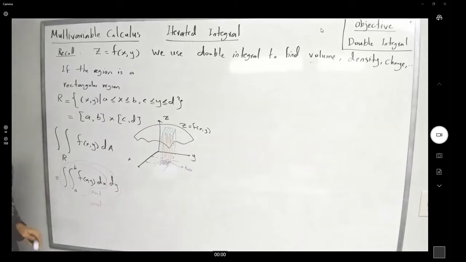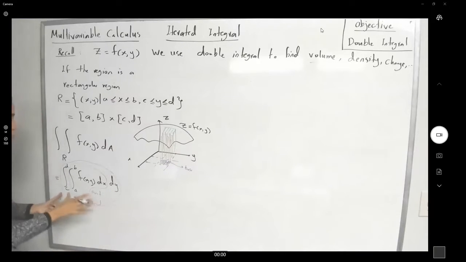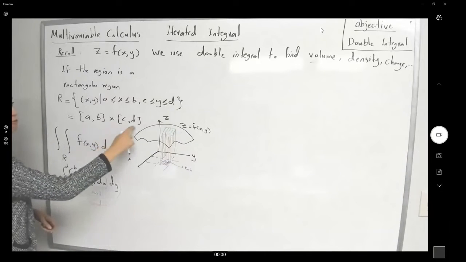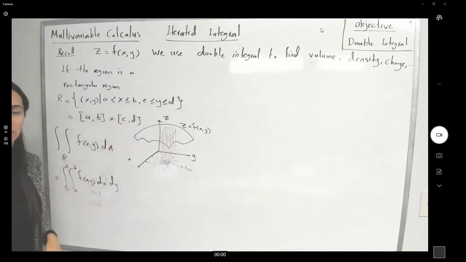We have to be careful about the ordering. Note that we said that if we have a rectangular region, we can switch the order. It doesn't matter. These two are fixed numbers. X is in between fixed values. Y is in between fixed values.